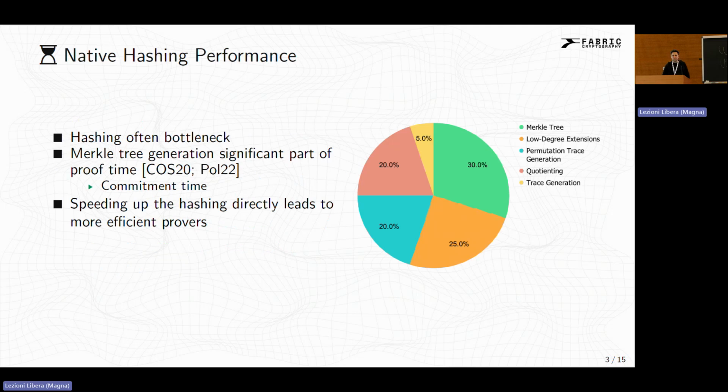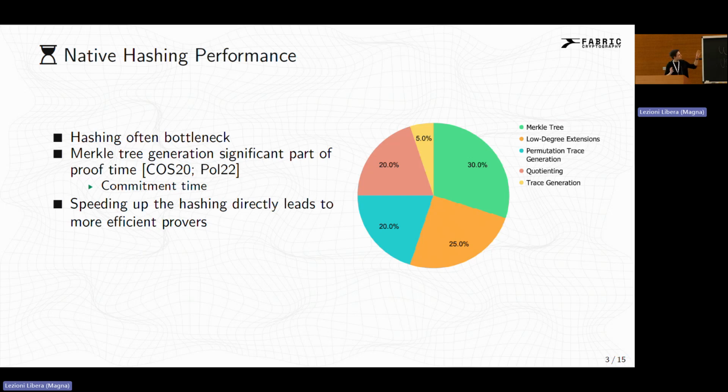So yeah, what about the native hashing performance? Hashing is often a bottleneck, and on the right side, we see a rundown of a proof, actually. Don't ask me which one, I don't remember anymore. But we can see in the green part, which is rather big, this is only for Merkle tree hashing.